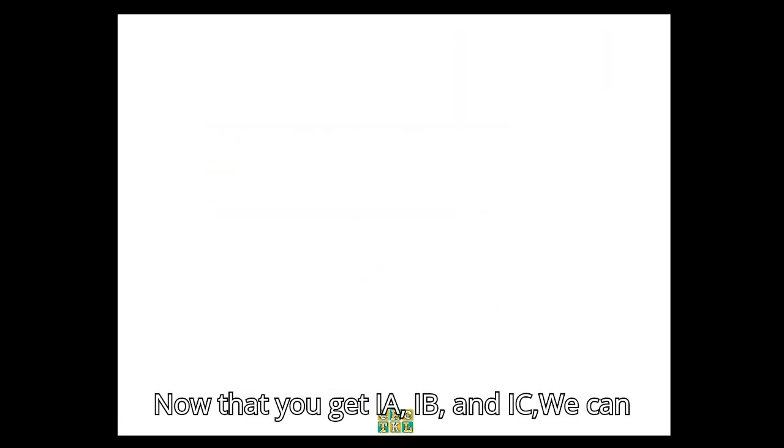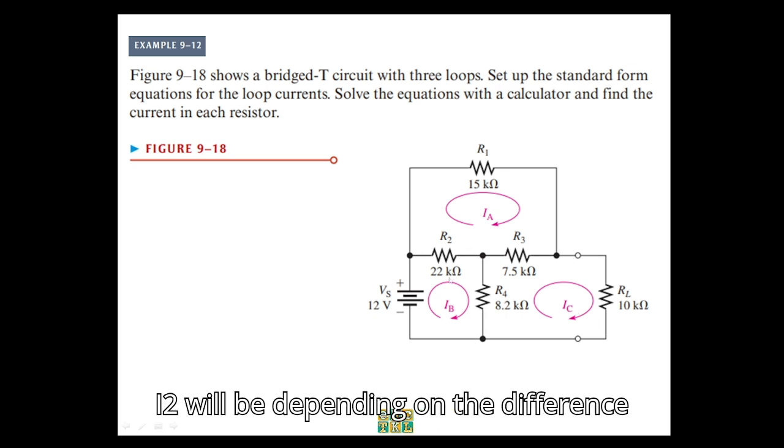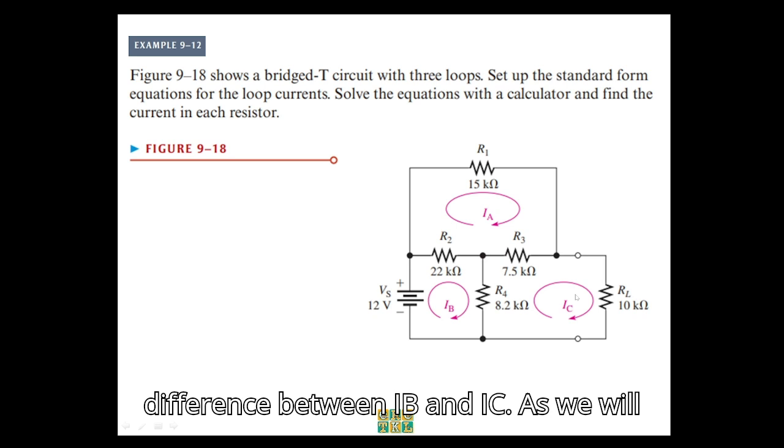Now that you get IA, IB, and IC, we can say that I1 is equal to IA, IL is equal to IC, but the I2 will be depending on the difference between IA and IB. I3 is the difference between IA and IC, and I4 is the difference between IB and IC.